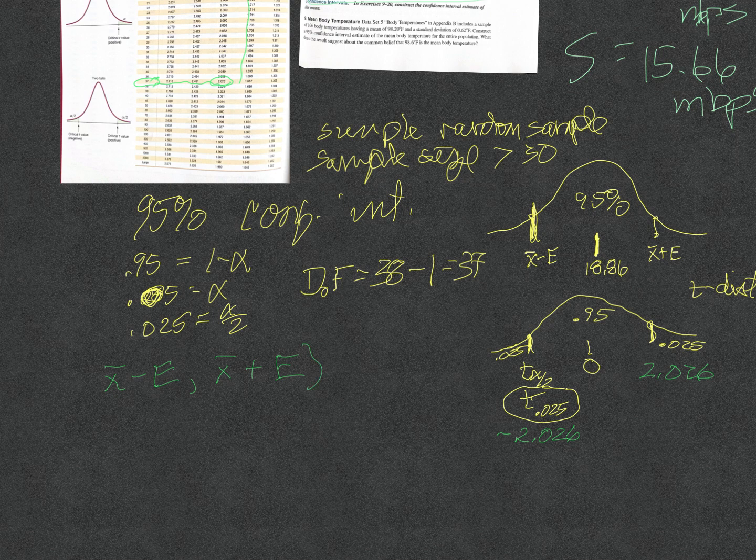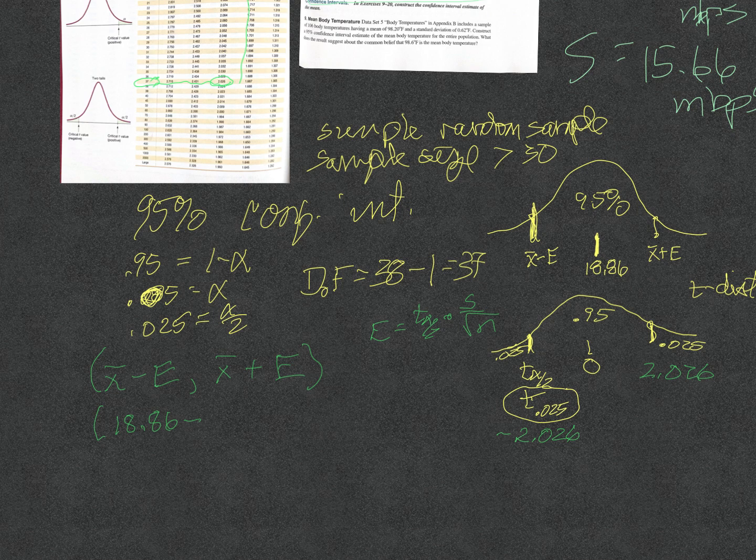And so x bar was 18.86 minus, and the error formula is t sub alpha over 2 times the standard deviation over the square root of the sample size.